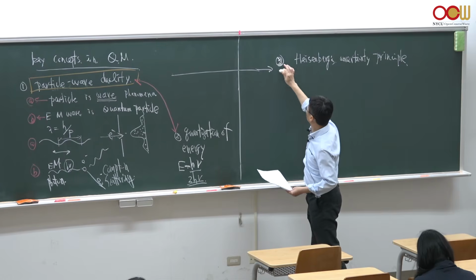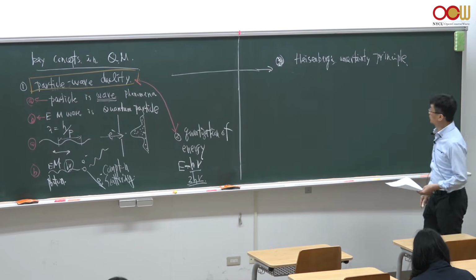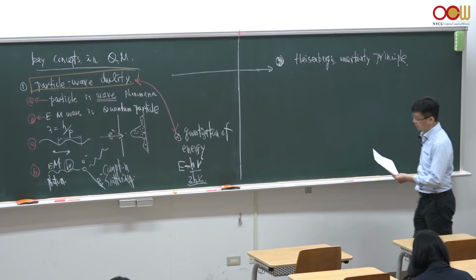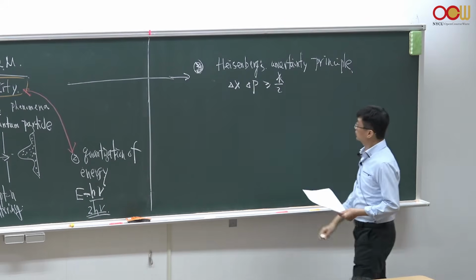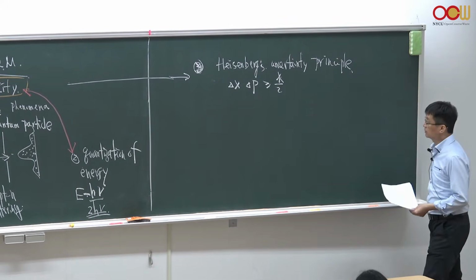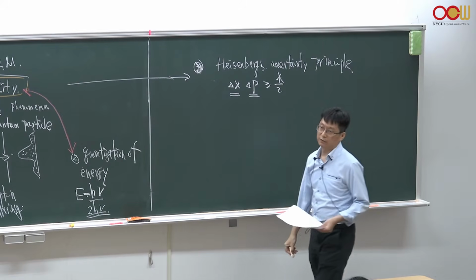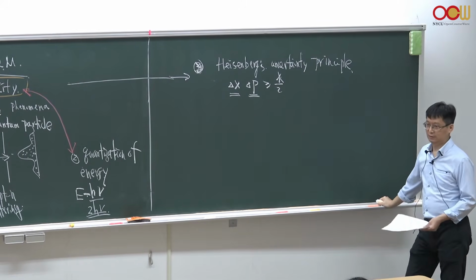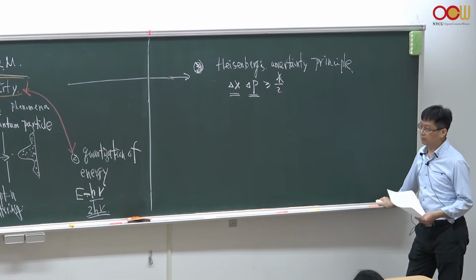But the third important ingredient in quantum mechanics is the Heisenberg uncertainty principle, or Heisenberg uncertainty relations, which says that the uncertainty, or error bar, in determining the position of the quantum matter and the uncertainty of the momentum of a quantum particle is a fundamental limitation.